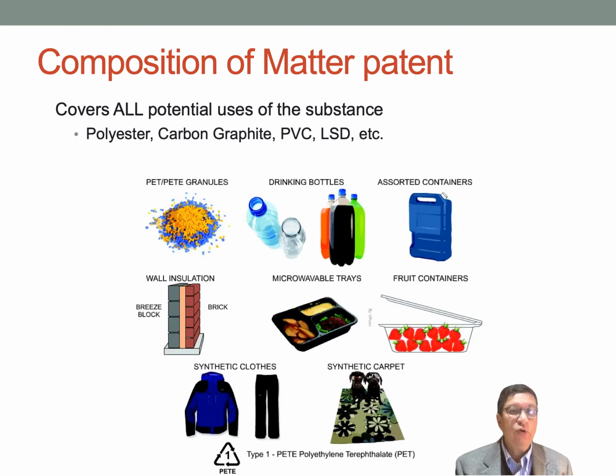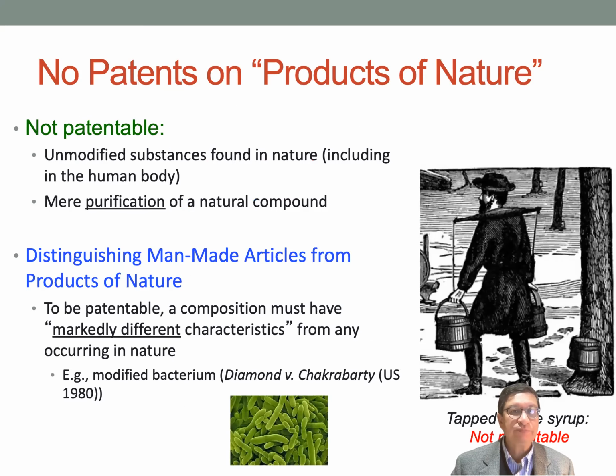So for a new form of plastic, for example, you would control all rights to make that plastic into drinking bottles or wall insulation, clothing, carpet, or any other device or material. The patent on the composition gets you all of that, so it's quite broad.